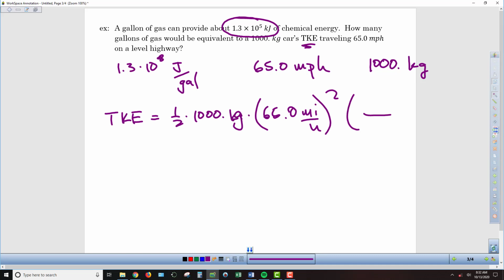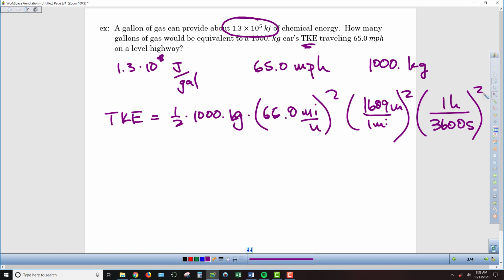But we're going to have to do a series of conversions here. We've got our 1 mile to 1609 meters as our standard there, and then we've got our very common hours to seconds conversion that we need as well.